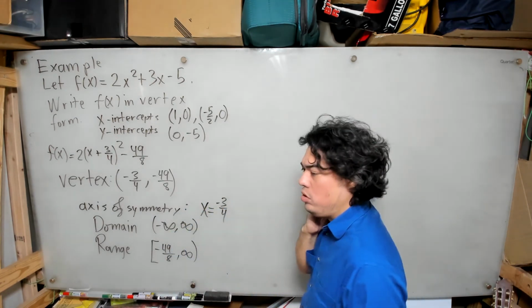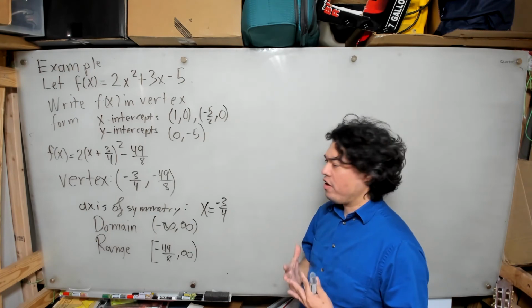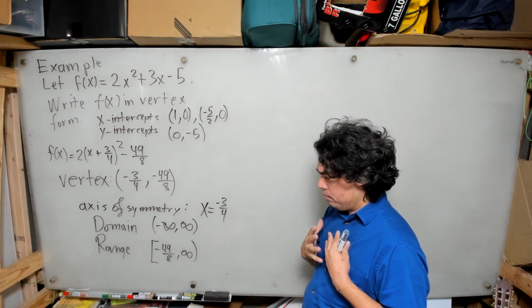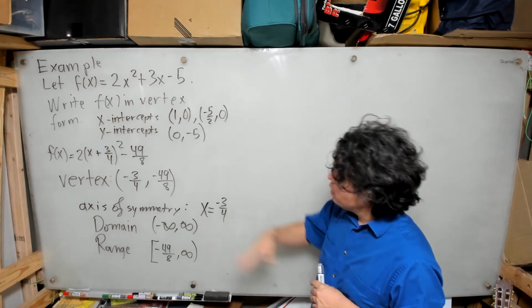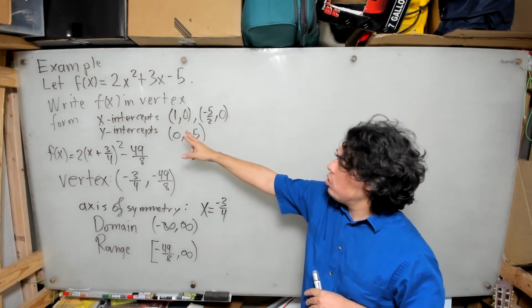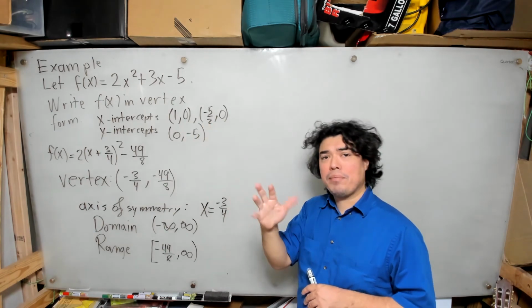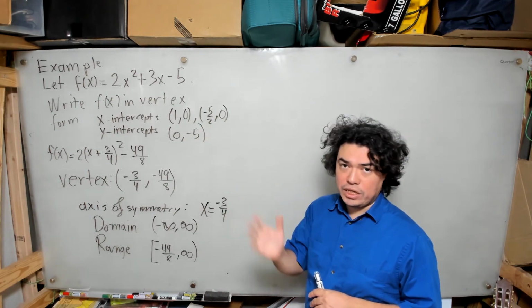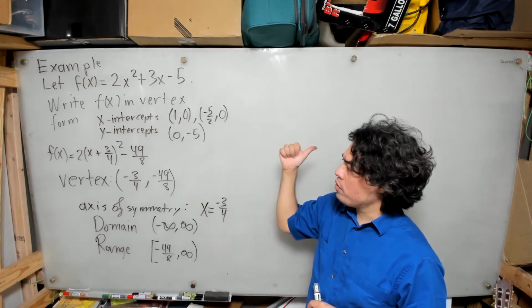So, as always, before I actually draw my graph, I want to figure out what points I really need. I know that my x-intercepts are at 1 and negative 5/2. Negative 5/2 is actually negative 2.5, so I need negative 2.5 over there, 1 over here.